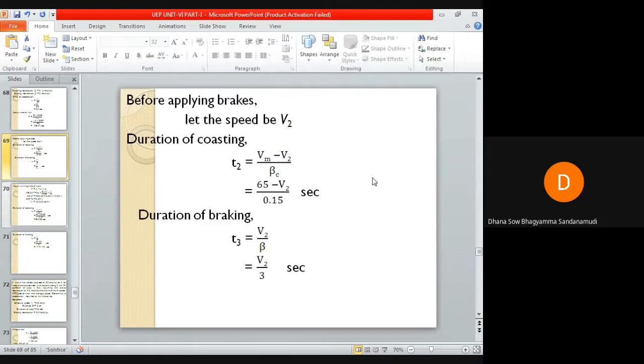Okay, so we have an expression for T2, that is (65 minus V2) by 0.15, the duration of coasting, and the duration of braking T3 equal to V2 by 3. So we have to determine this V2 value.